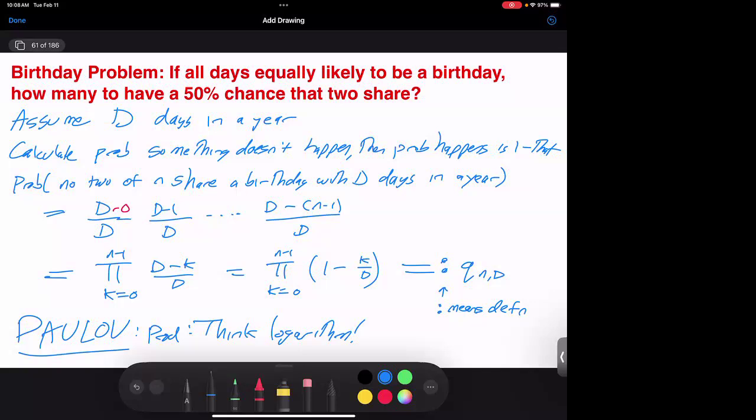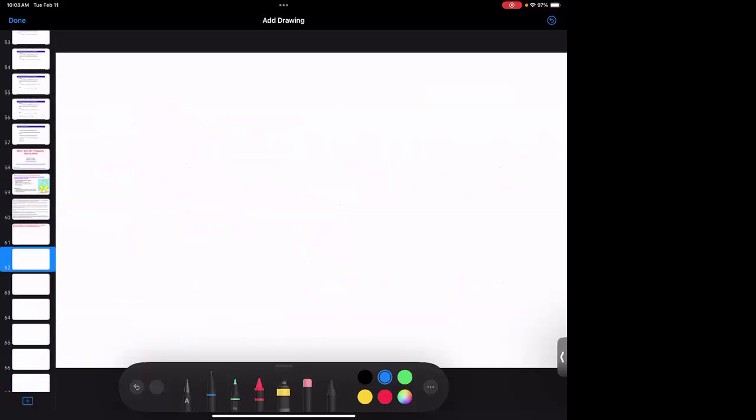All right, so what we can do is try to analyze this. So we have Q_n^D is the product k goes from 0 to n minus 1 of 1 minus k over d.